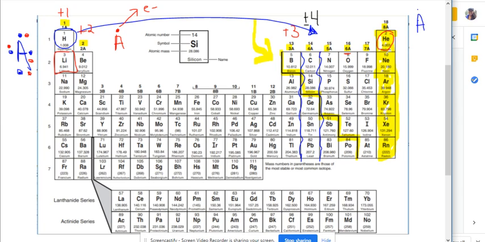So if I had 5, oops, should not have done it that way. Here we go. So if I show you 5 valence electrons, so 1, 2, 3, 4, 5, what we're looking at now is that it is easier to accept 3 electrons than it would be to try to get rid of 5.